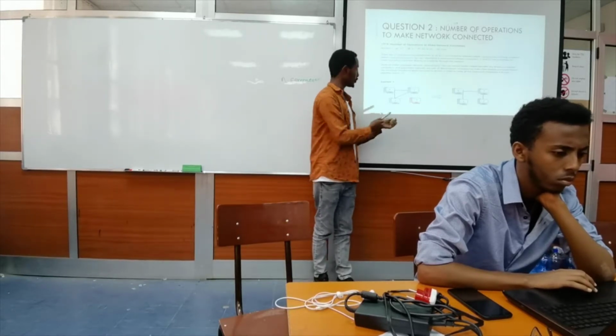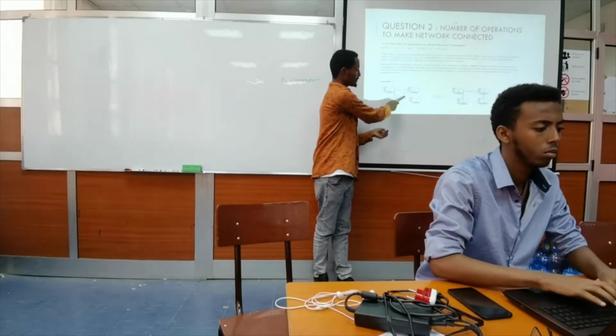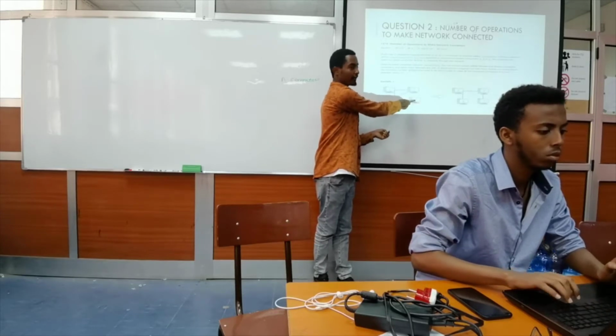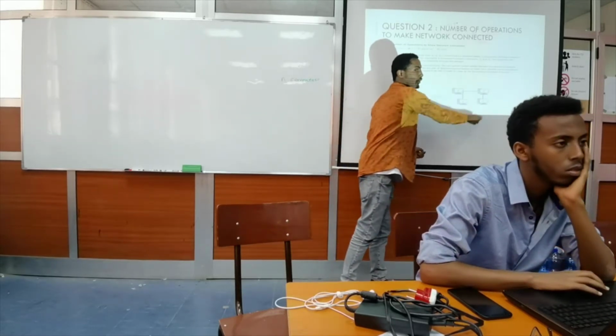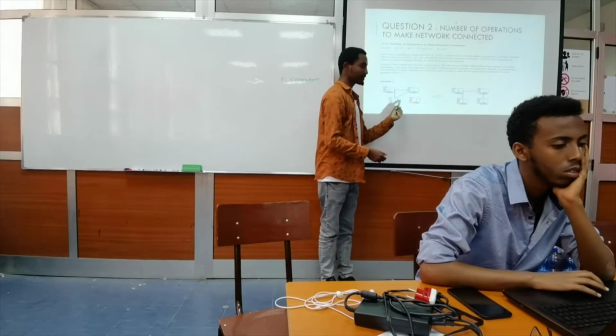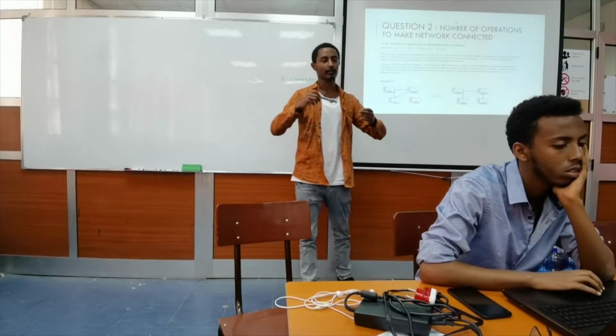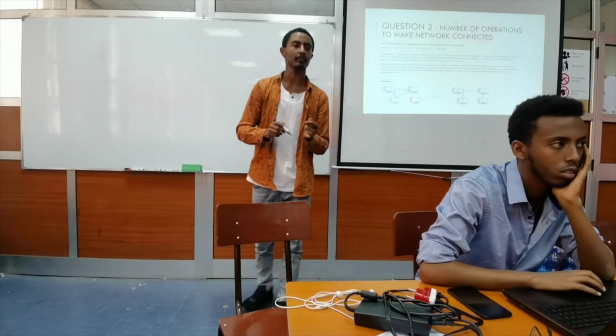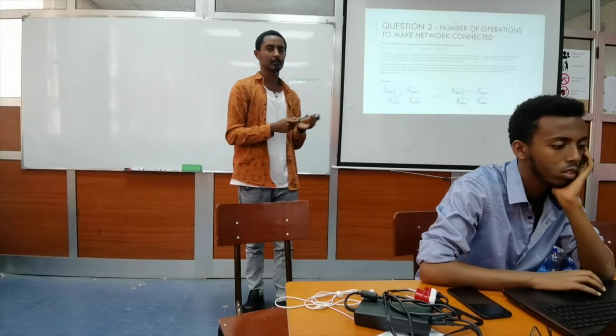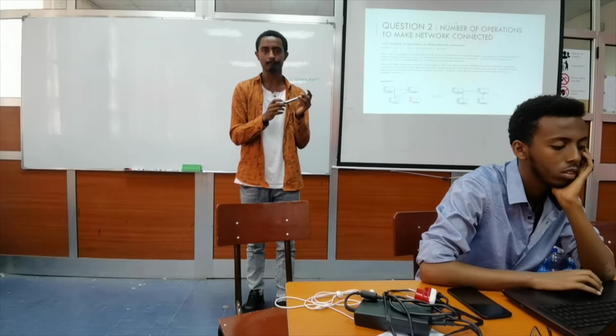So we can remove this one and add it over here, so that every computer is connected. In this case, you return 1. If you cannot make the computers connected, you return -1.